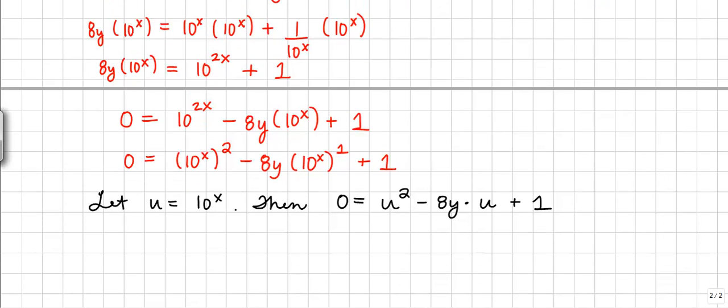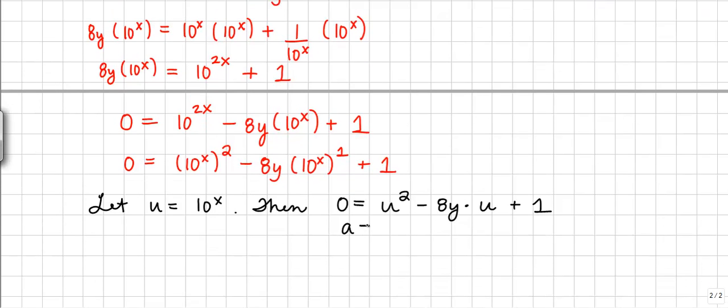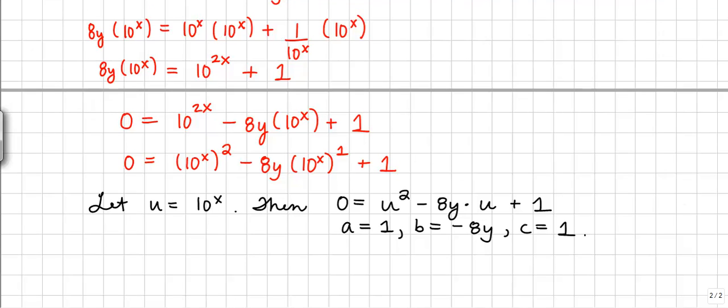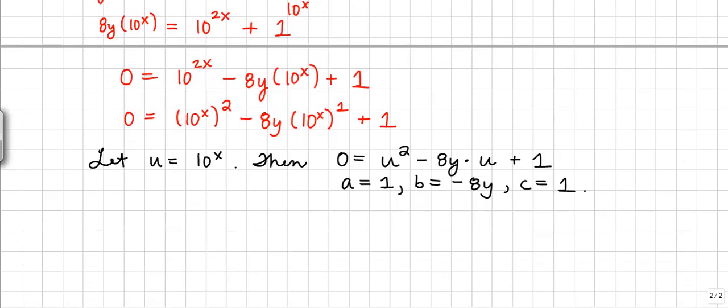And if I'm operating in my substitution world or the original equation's world, the quadratic coefficients are a equals negative 1, or excuse me, a equals positive 1, b equals negative 8y, and c equals positive 1. Okay? So whether or not I substitute, I do need to recognize that this equation here is quadratic in 10 to the power x.